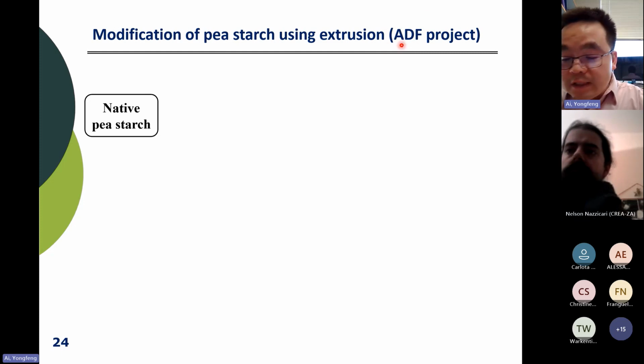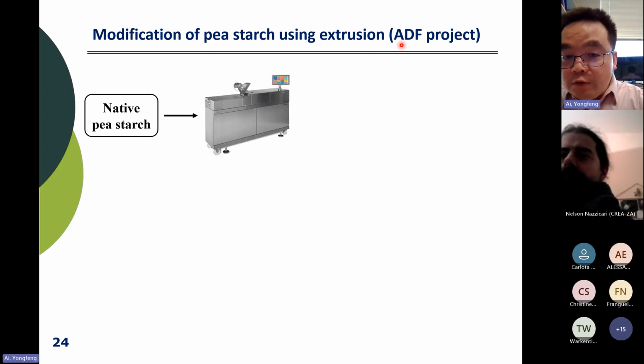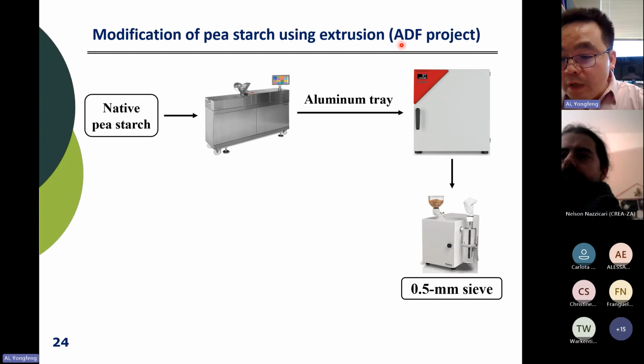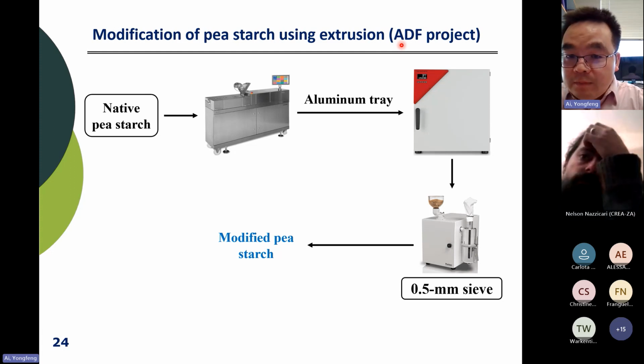But the very interesting result is when we have the native pea starch, and then we use the extrusion to modify it, and then we dry it under a controlled condition, and then after that we mill it, we can obtain the modified starch. This is considered as relatively simple, and definitely they fit into the clean label ingredient modification.